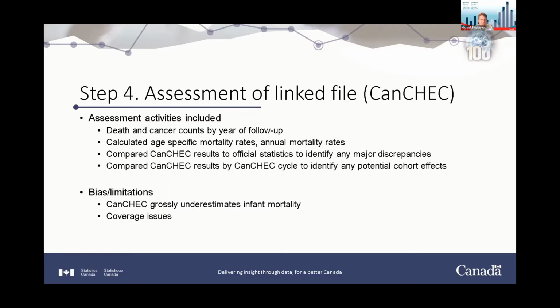And the coverage issues were perhaps more of a documentation issue, in terms of what ages were included; some of the health outcomes aren't available for all provinces or territories, or stop in certain years. So these were some of the things that we were able to identify.